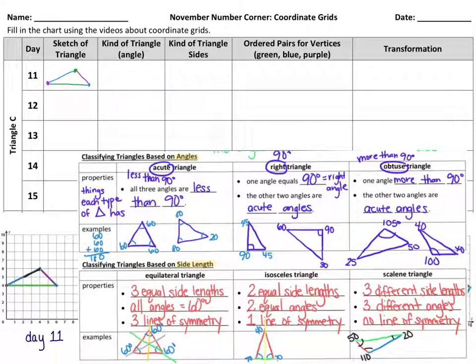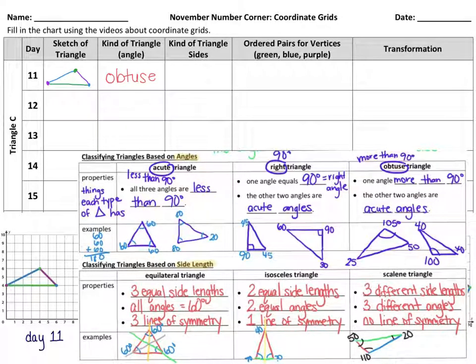The corner of the paper will. So I can see here, if I did that with this triangle, that this angle is greater than 90 degrees. So that means that it is an obtuse triangle because one angle has more than 90 degrees.